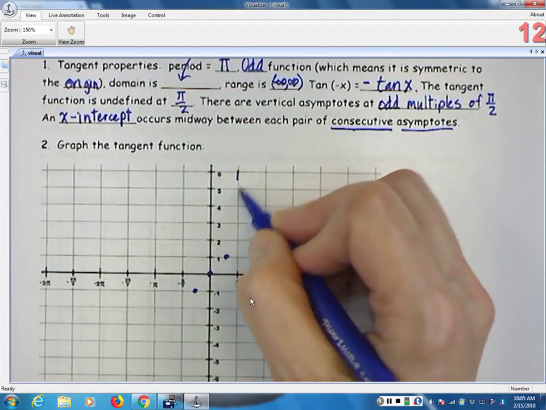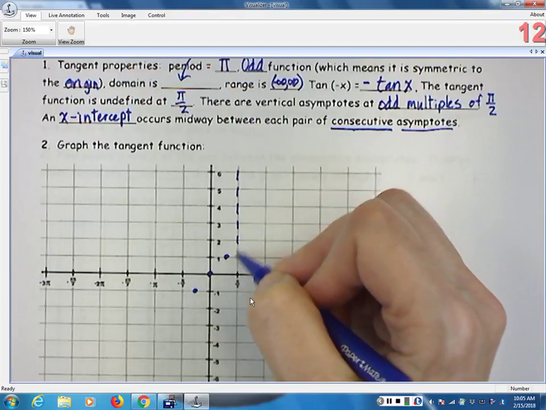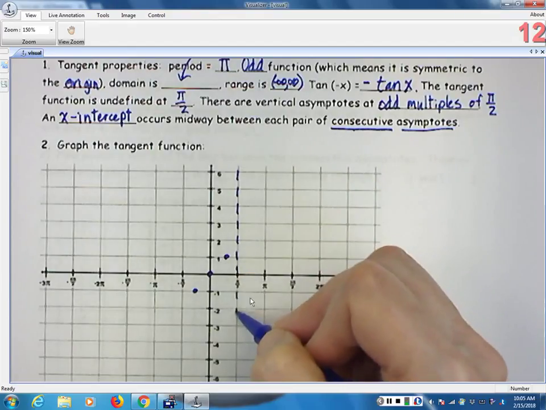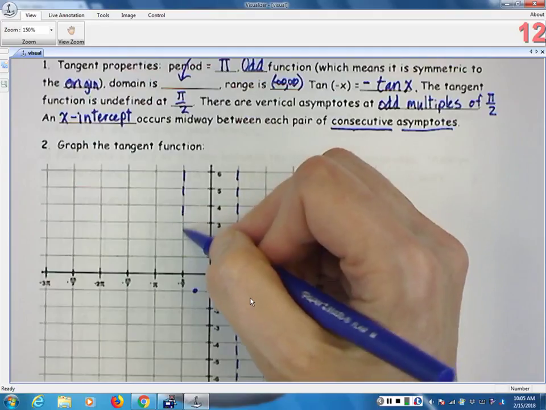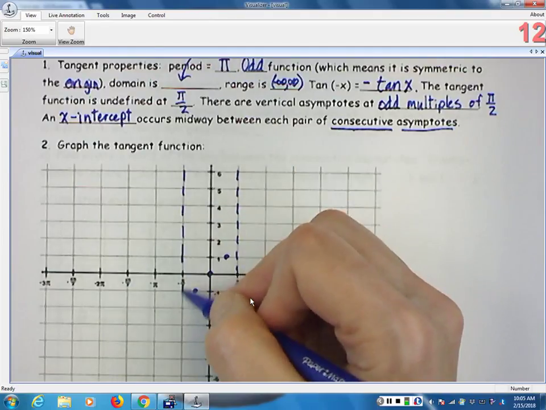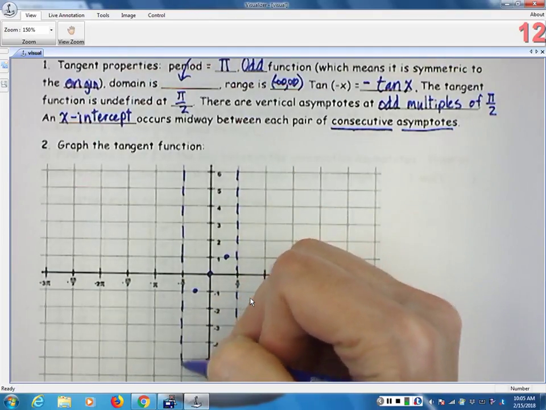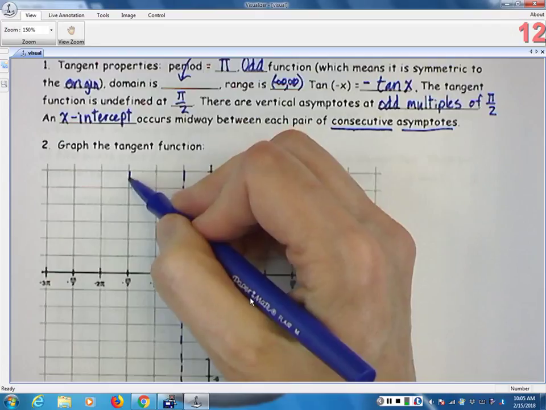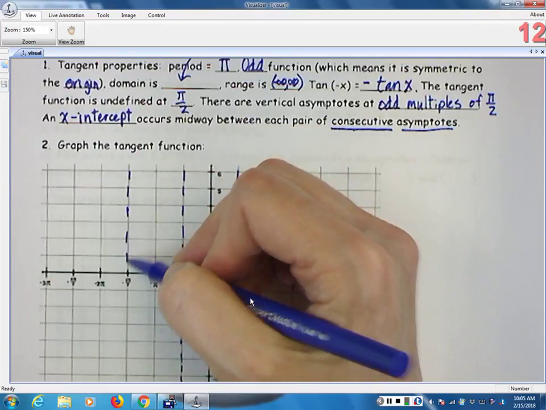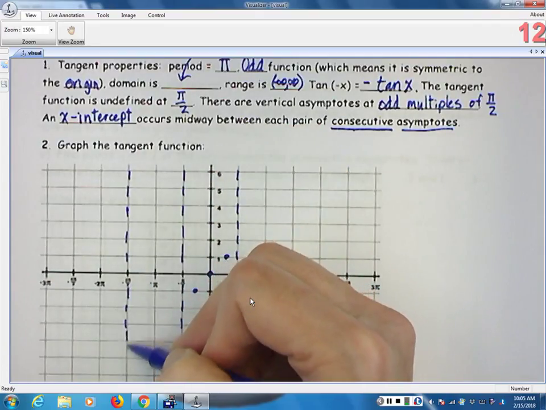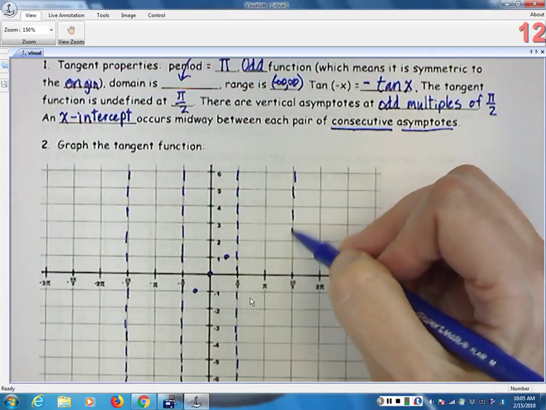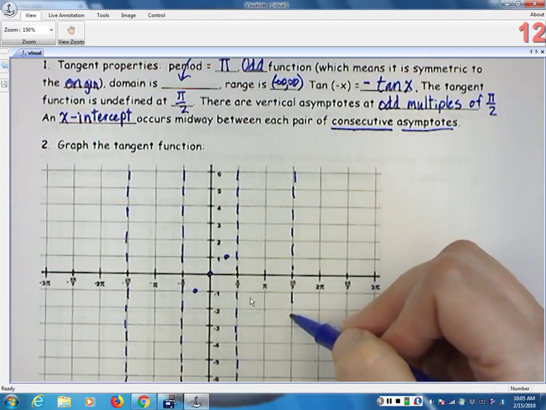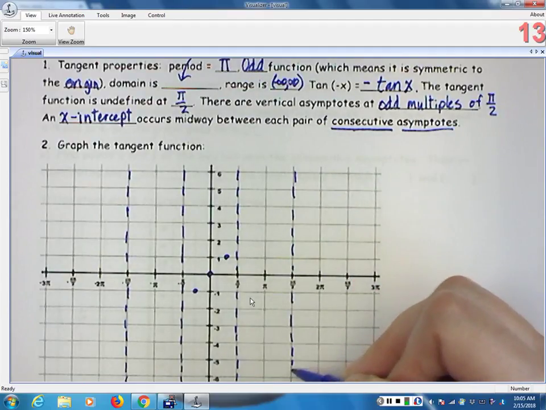These are vertical asymptotes at odd multiples of pi over 2. So yeah, it just repeats. I'll just draw a couple of these. You have it there. We could keep going.